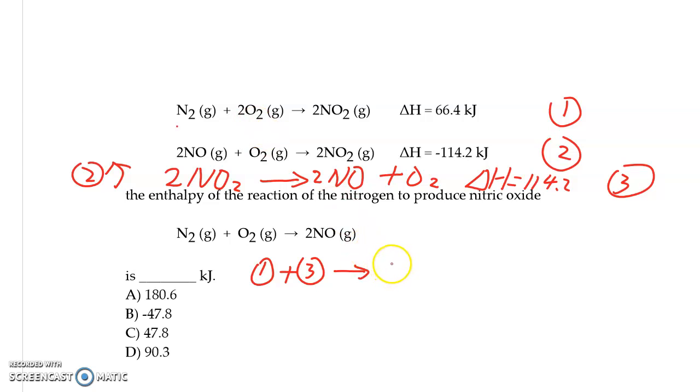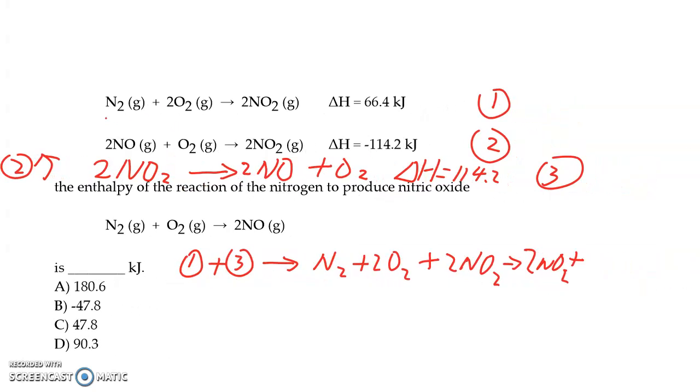Over here on the left side, I have N2 gas plus 2 oxygen gas. Also, from equation 3, I have 2NO2. Okay, on the right side, what do I have? On the right side, I have 2 NO2 over here, and I also have 2 NO plus O2.